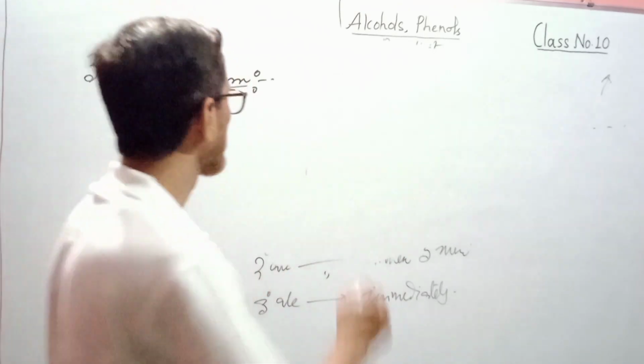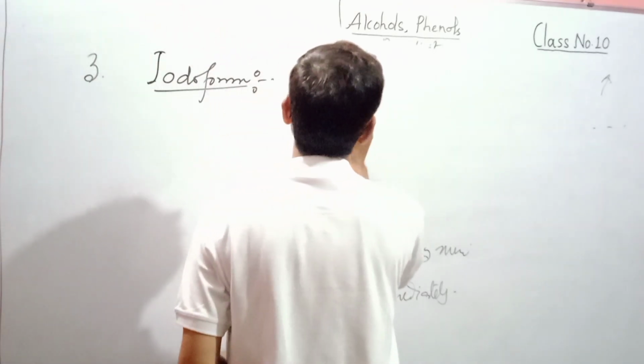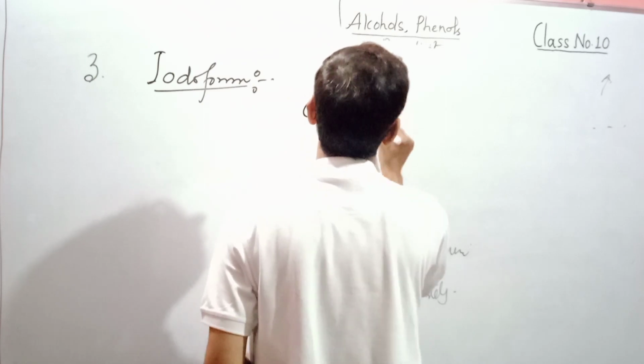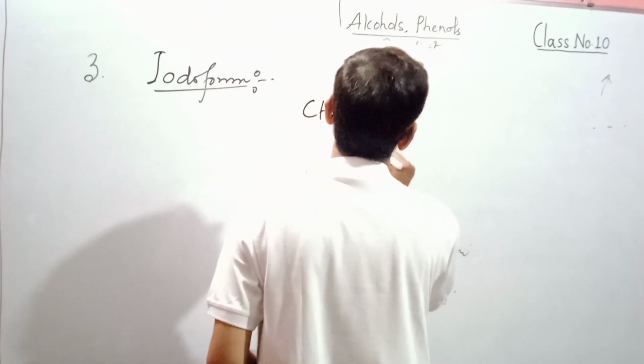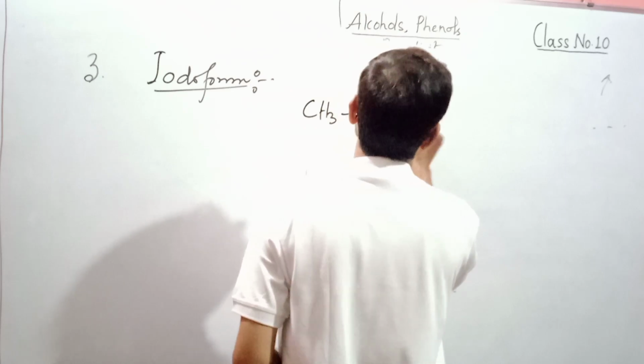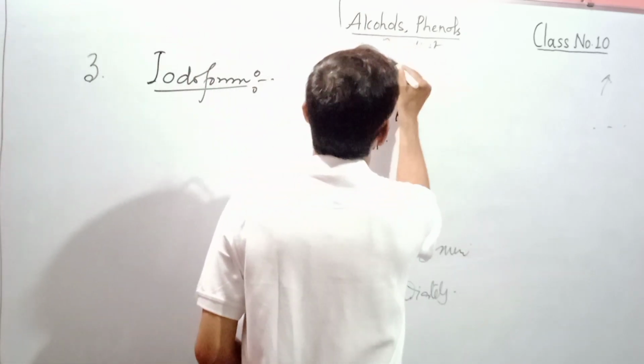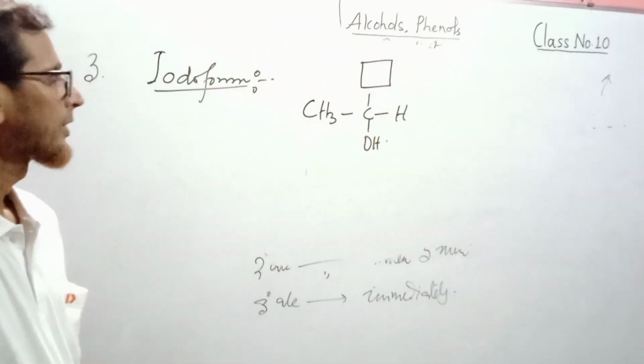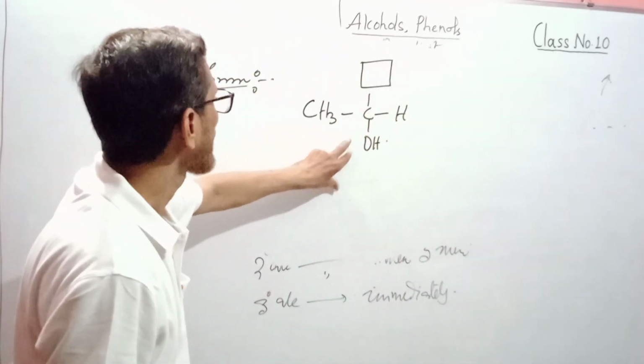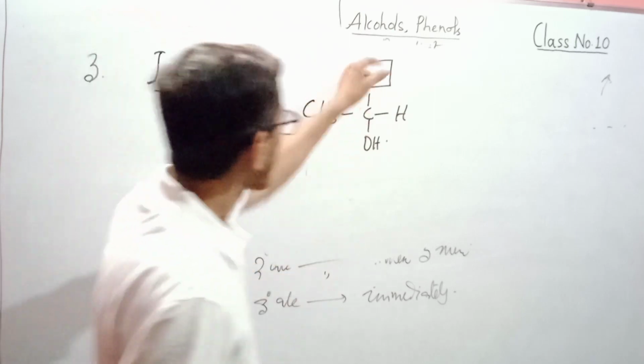In short, I will show you the structure with which an alcohol will give the iodoform reaction. It is if the structure of the alcohol is of this type. Here there is a box.